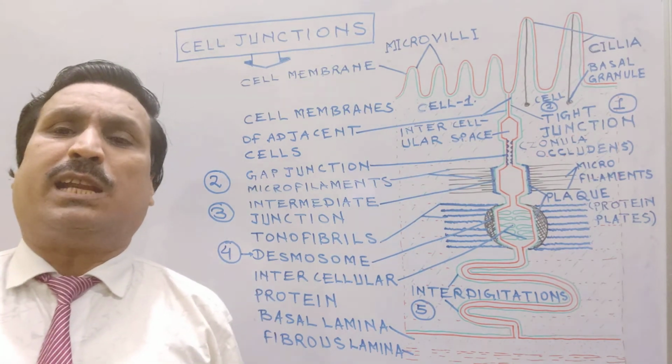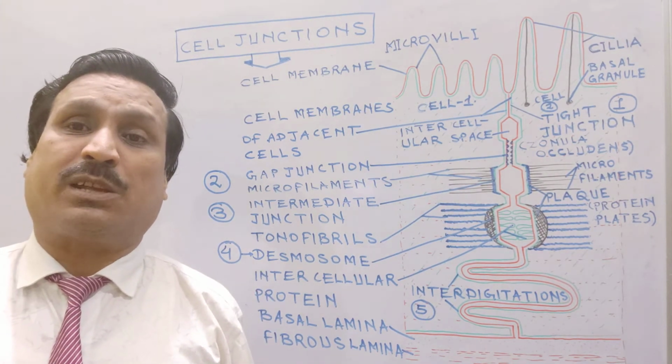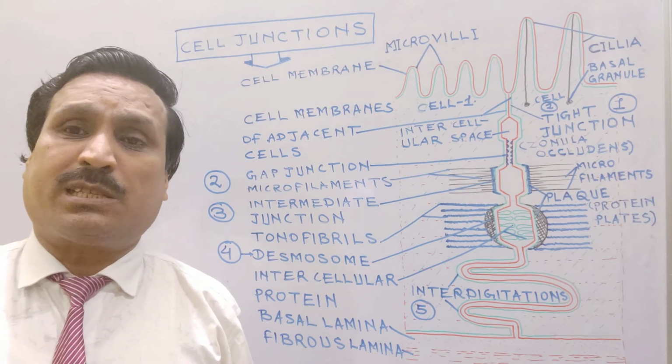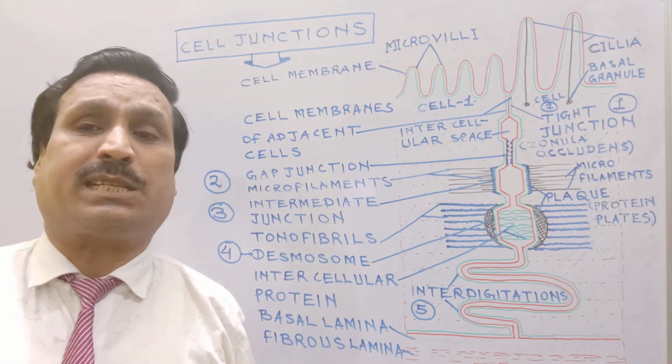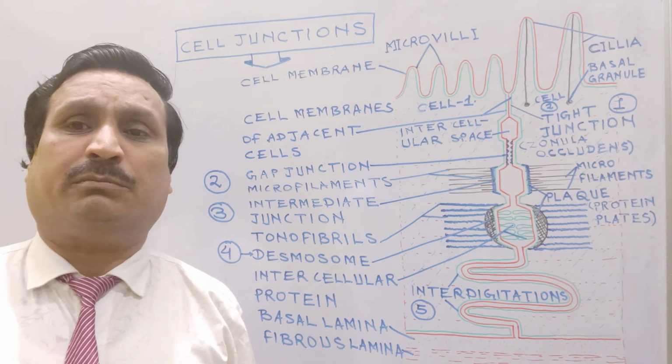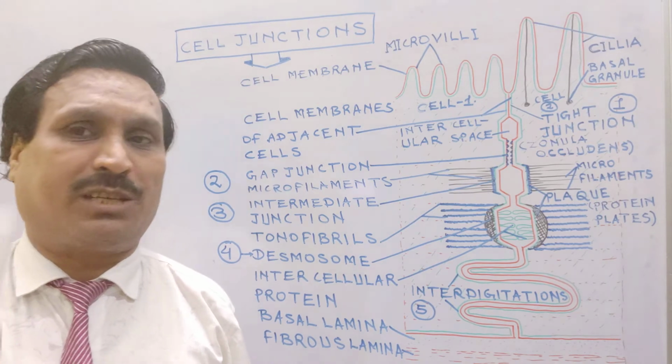Between two adjacent cells of heart muscles, gap junction is present, which is known as intercalated disc. This intercalated disc is nothing but a gap junction.